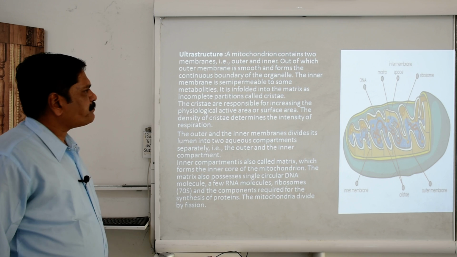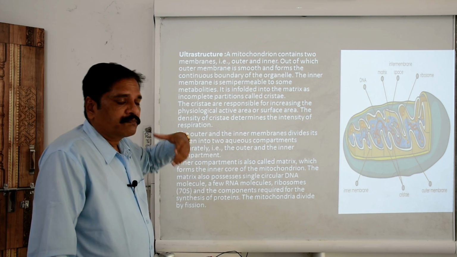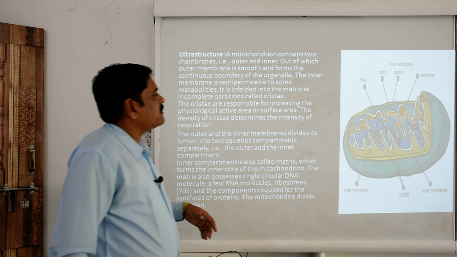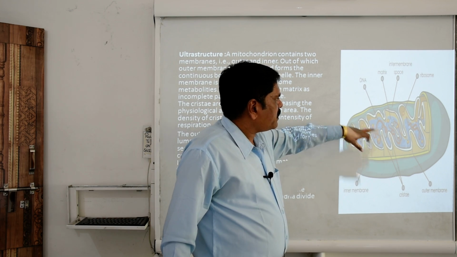Now if we observe its electron microscopic structure, you can see that it has a double membrane structure, the outer membrane and the inner membrane.